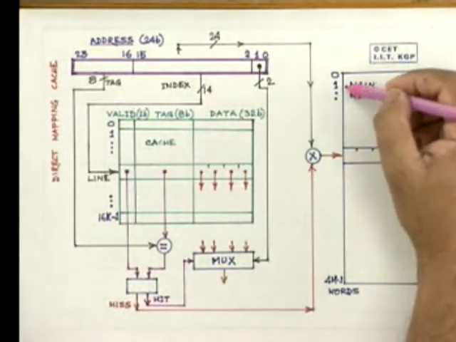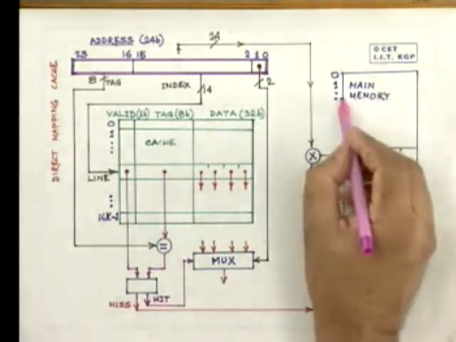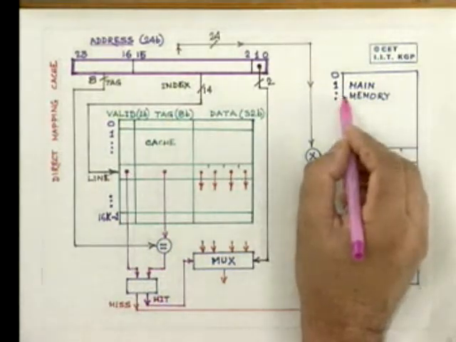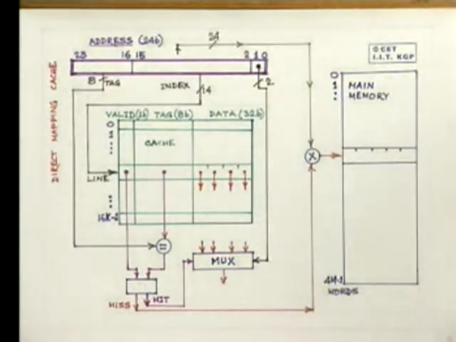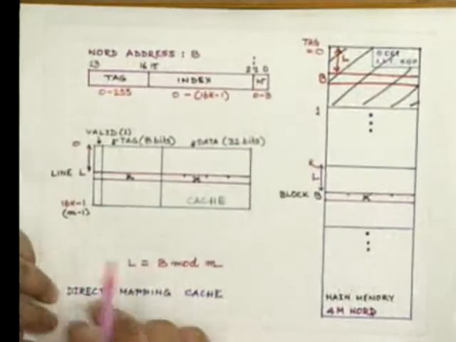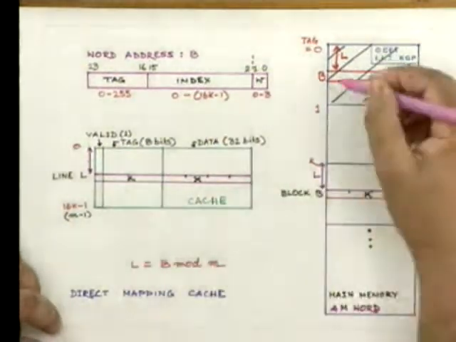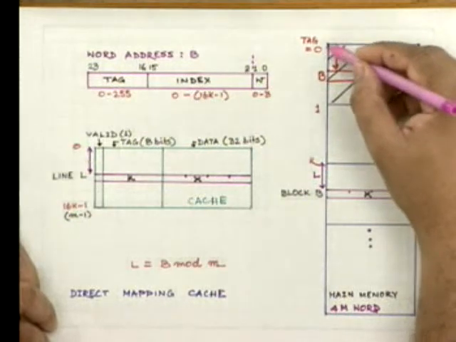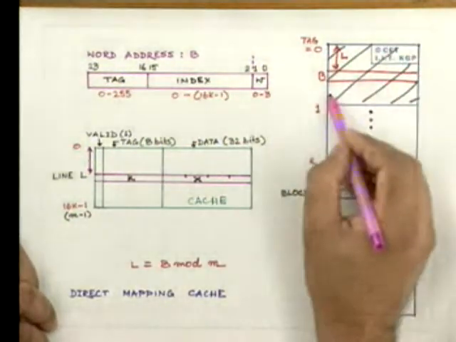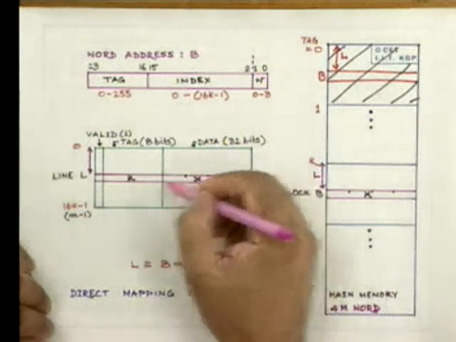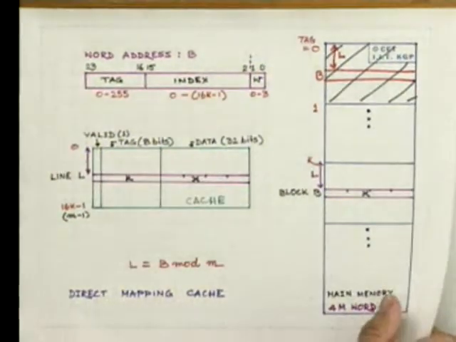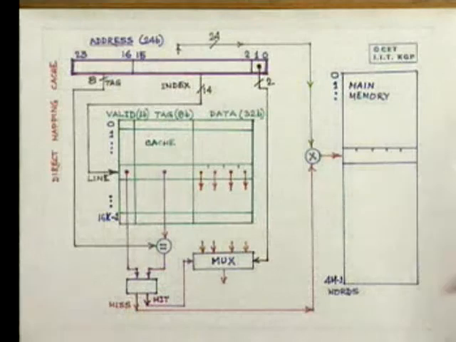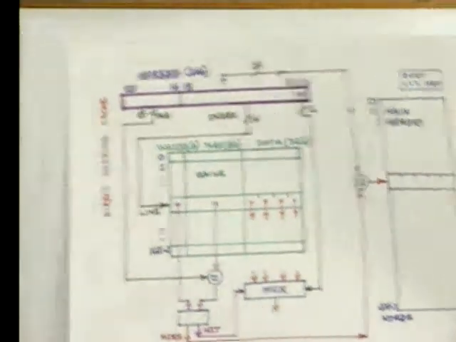And since the mapping is because of the mod operation, the blocks which are in the same relative positions in the segment will be mapped into the same line, and that sometimes creates a problem. What's the problem that is created? We'll see. Now let us see what's the advantage that we get.